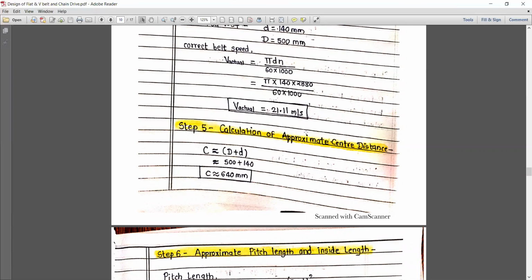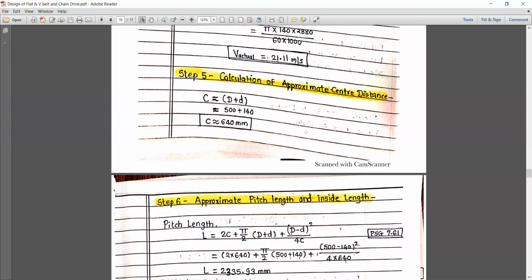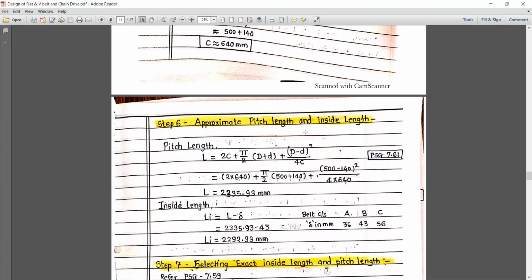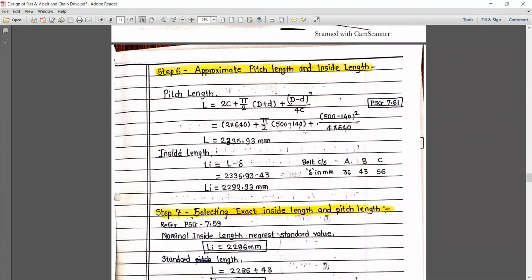C is equal to D plus d, that is the large pulley diameter plus the small pulley diameter, divided by 2, and the approximate center distance we get is 640 mm. Next, the approximate pitch length and the inside length.